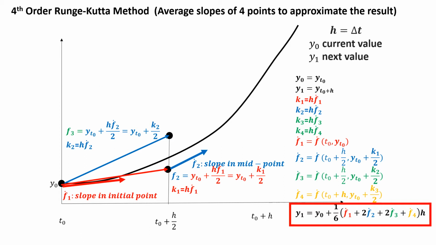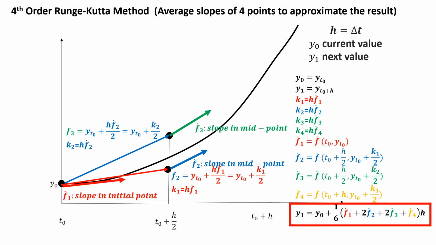Then after we get this point, we have the other y at t0 plus 2h. This value I call f3 because it is different from this one, because I use a different slope to estimate. You need to be careful, do not get confused about that.